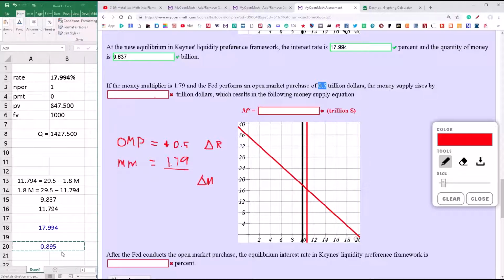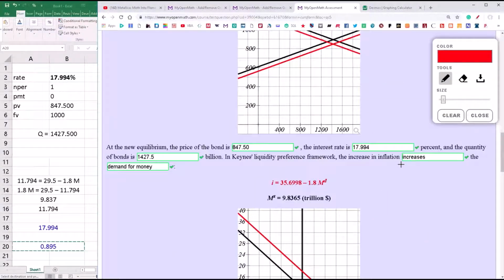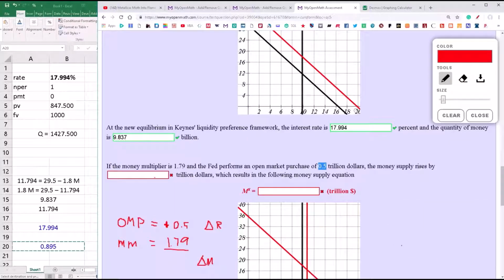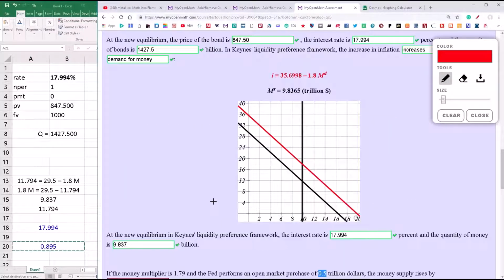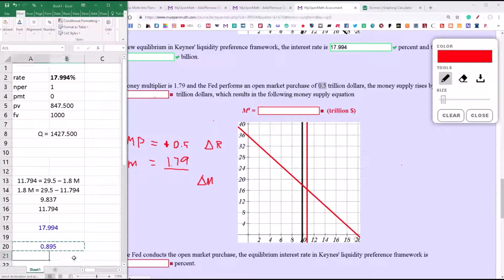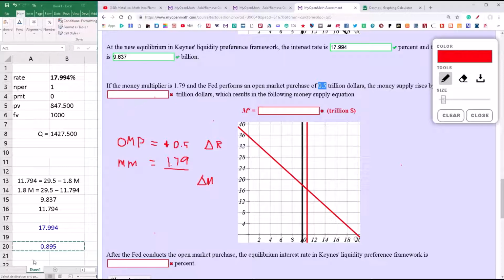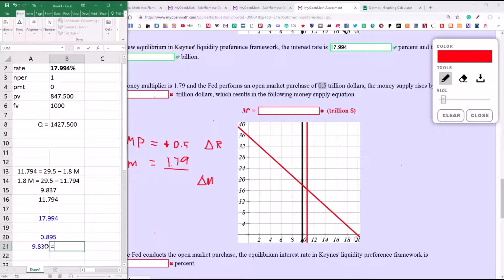And then we got to add the original money supply, which was 9.837. The new money supply is the increase in reserve M1 plus what it was, right? So that's the new money supply.